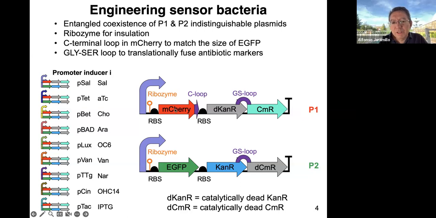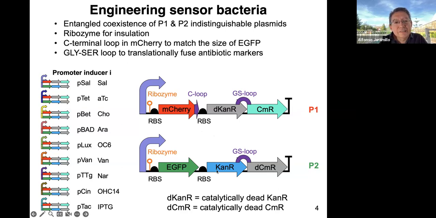P1 has a red fluorescent protein, mCherry, which has to be made the same size as the enhanced green fluorescent protein, eGFP, in the P2 plasmid. The idea is that these two plasmids have exactly the same size and exactly the same replication.